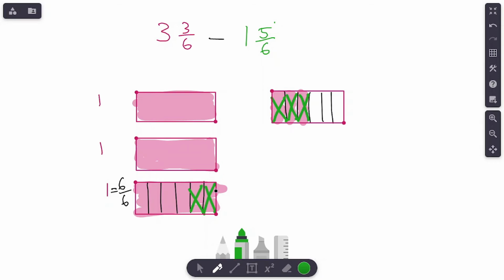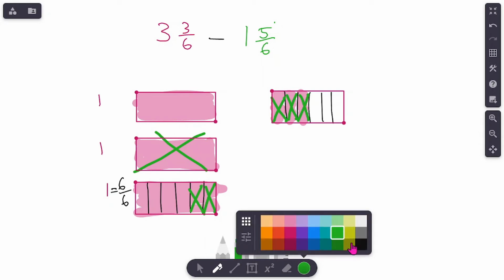Now we can subtract the whole number. So let's subtract the whole number 1. I'm going to mark out and subtract this model, this whole number. So let's double check. We subtracted 5/6, 1/6, 2/6, 3/6, 4/6, 5/6. We subtracted the whole number, and now let's see how much we have left.